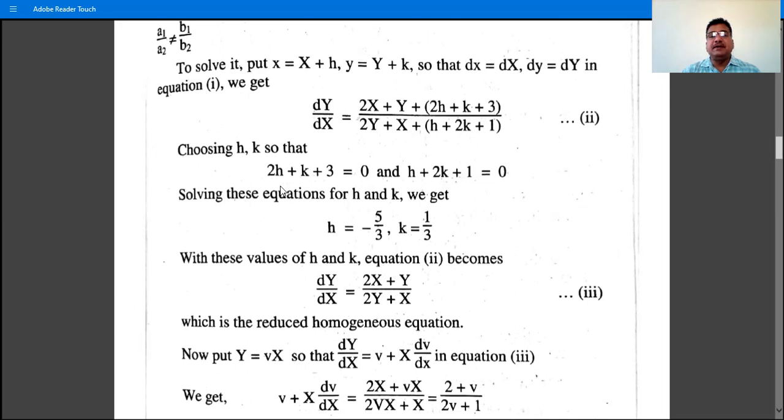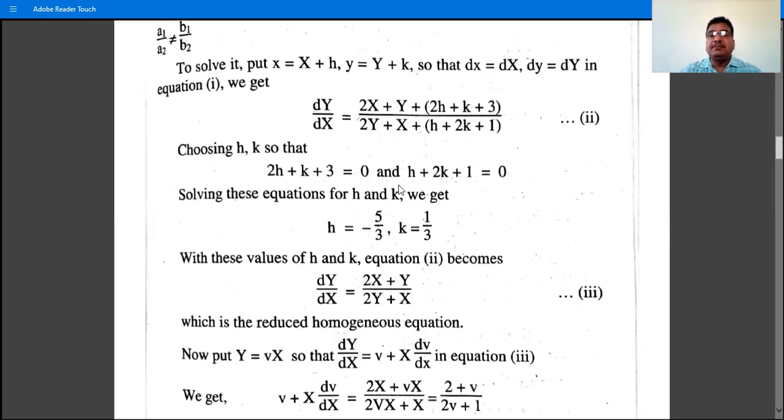So after solving this equation for h and k, we have h as minus 5 by 3 and k as 1 by 3. So write 2h plus k is equal to minus 3, h plus 2k is equal to minus 1, and then by adding, subtracting, multiplying, we have this h and k.